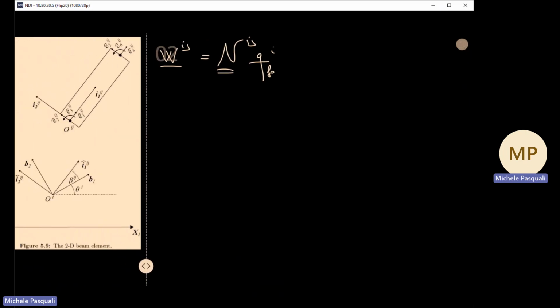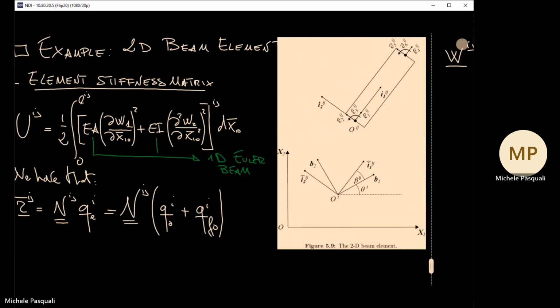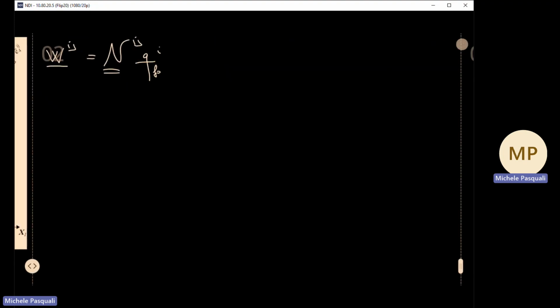Because again, the overall position is the reference position plus the displacement induced by the deformation. So this times this is basically R0 over bar. This times this is the displacement for the element that we have called W, if you remember. While for the overall body, we name that U over bar.